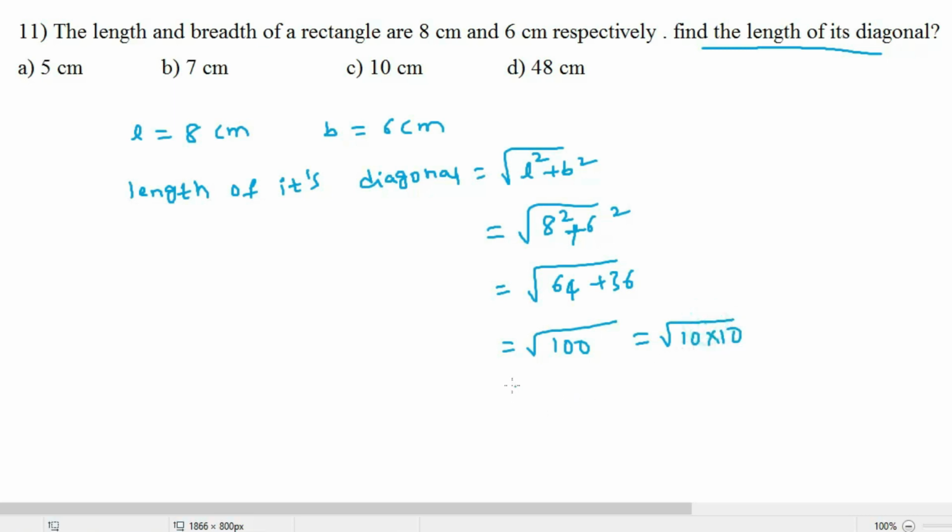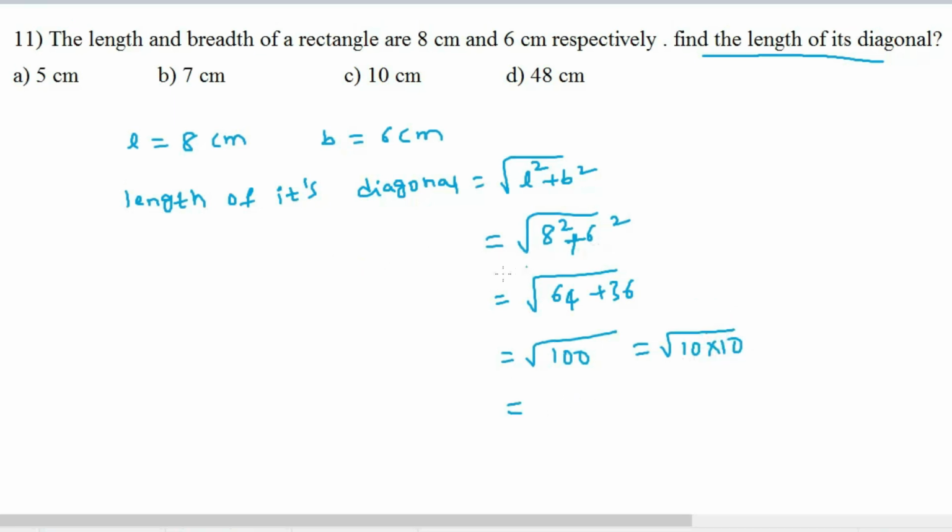Root of 10 into 10 equal to 10 centimeter. The length of its diagonal is 10 centimeter. Option C.